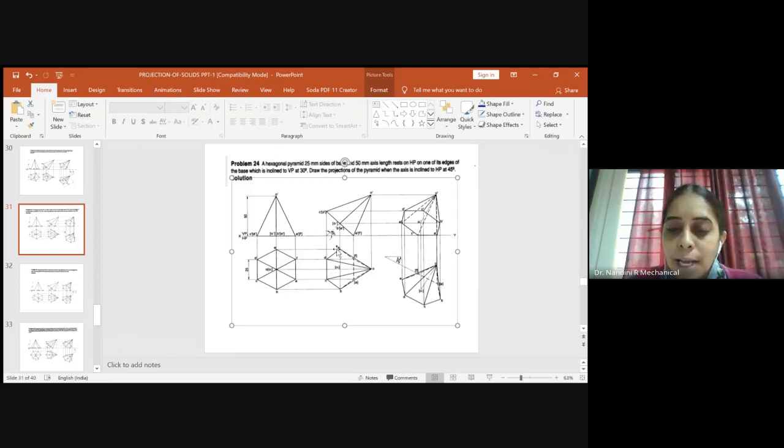Apart from that, we have to now join the triangular surfaces to our apex, right? And again, I told you the projections coming through the corner of the base surface will always be visible, and the projections coming through the corner from inside the surface will be hidden.